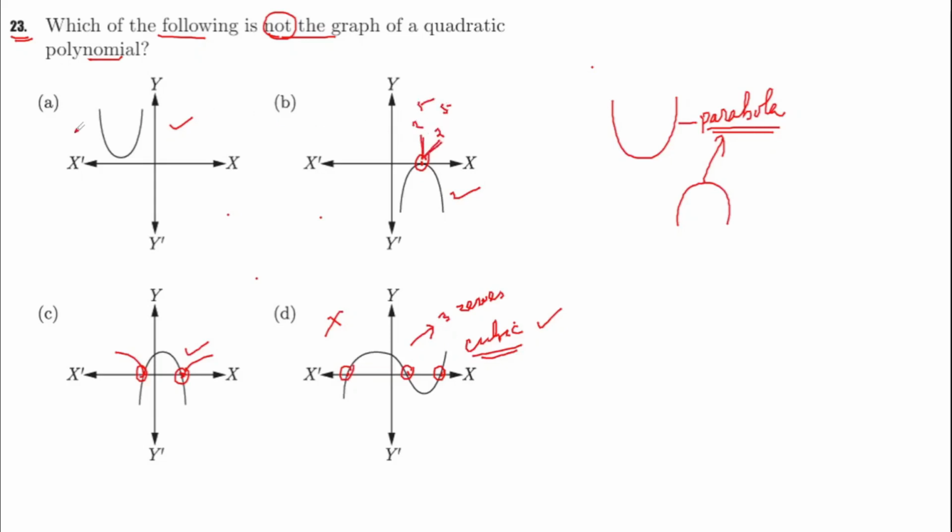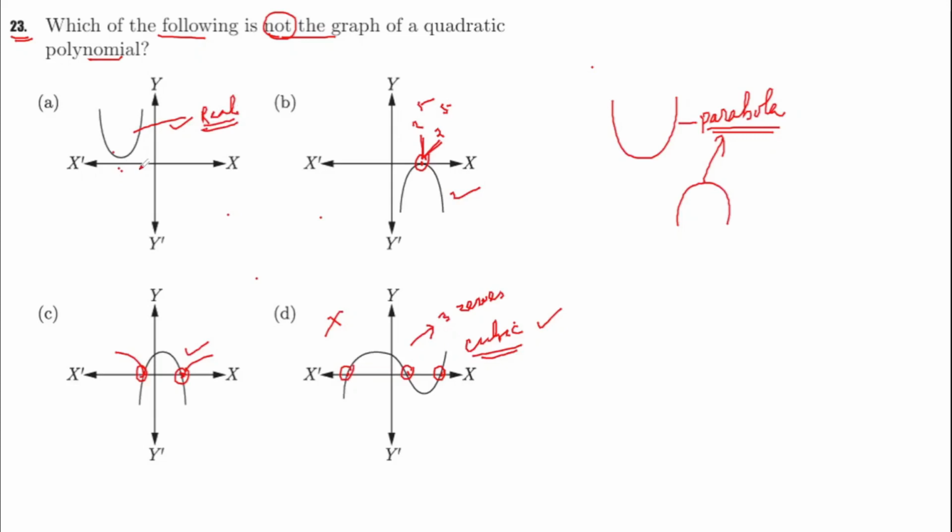But in this case, if you look at the graph carefully, you can see that this graph does not cut the x-axis. That means this graph has zeros which are not real. So here the zeros are not real, hence we cannot plot them on the x-axis. So the zeros will exist, but they are not real zeros.